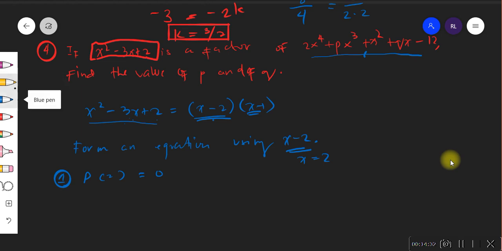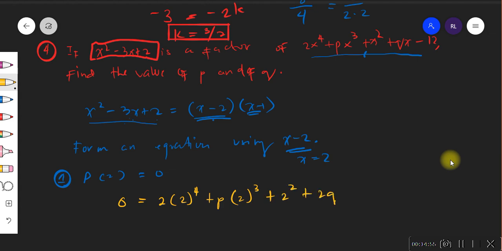So we can now have 0 equals p of 2, substituting 2 in that one, so we have 2 times 2 raised to 4 plus p times 2 cubed plus 2 squared plus 2q minus 12.